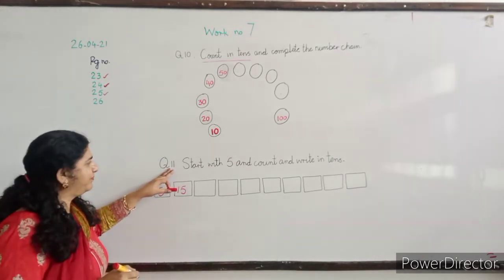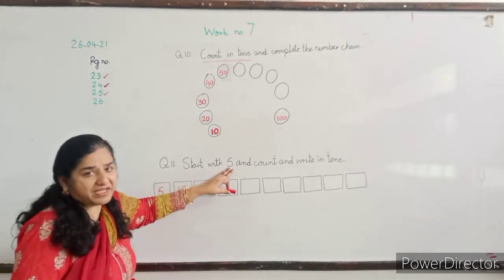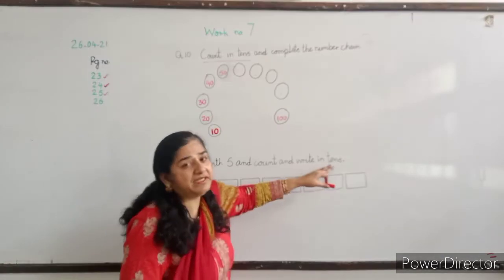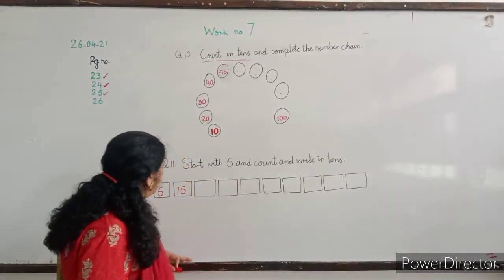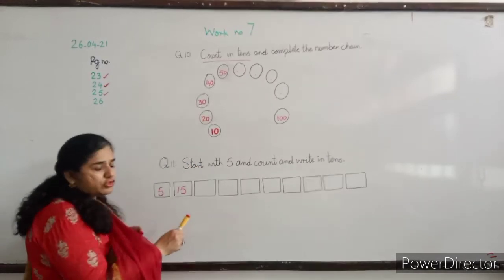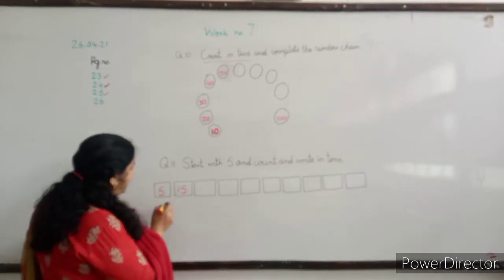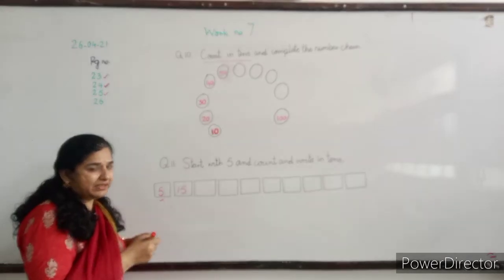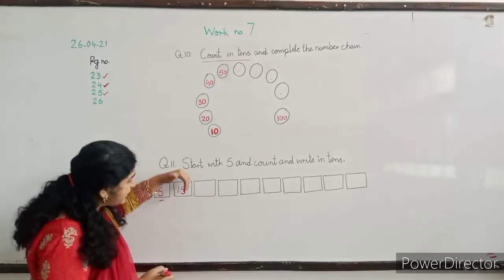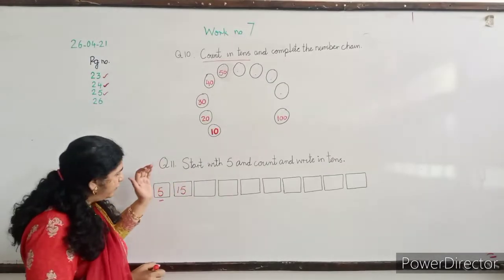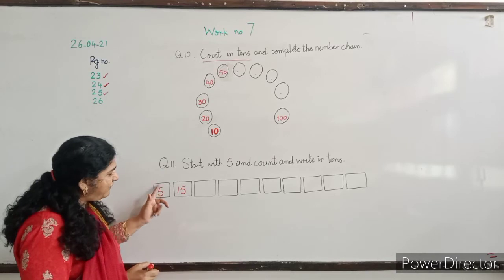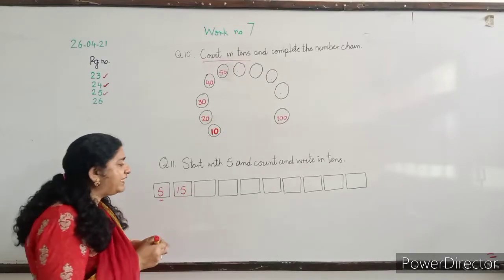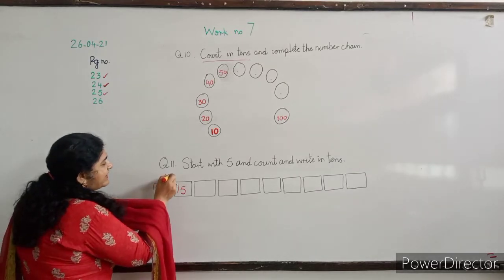Question number 11. Start with 5 and count and then write in tens. Okay? Children, look here. This is also counting in tens. But here we have to start from 5. Now we will take the jump of 10. We will start from 5 and count till 15. There is the jump of 10. See.